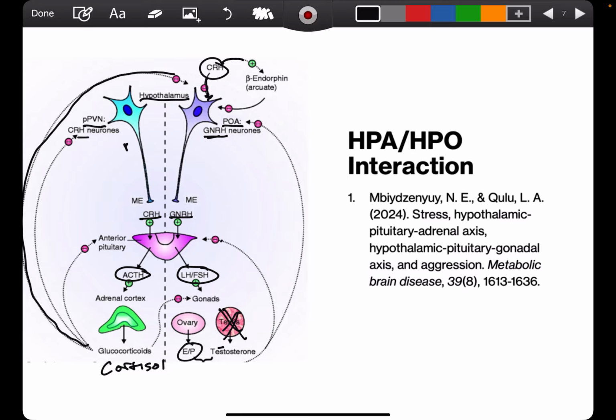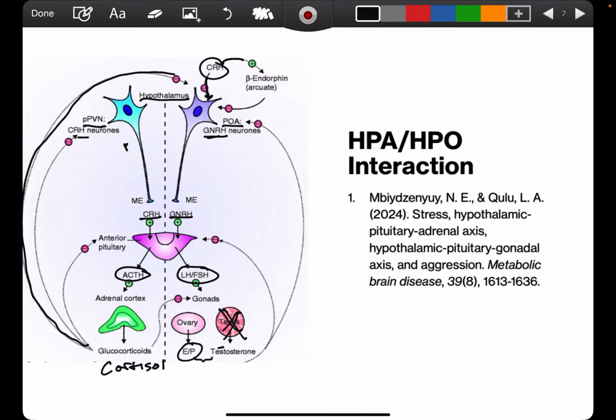And we can see here the CRH also inhibits the production of GnRH. If you follow this CRH little arrow, it goes to the arcuate nucleus, which is another portion of the hypothalamus, but it stimulates the production of beta endorphin. That comes from the arcuate nucleus, and that also inhibits the production of GnRH.